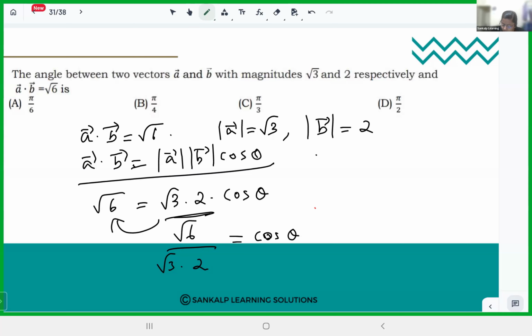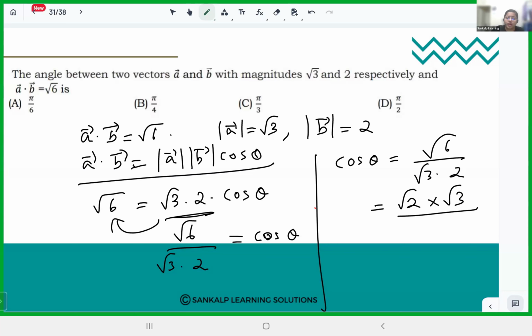For our comfortable choice, we are rearranging it like this. We have to find out theta, so in order to get theta on the right hand side, just simply rearrange it. Cos theta is equal to root 6 by root 3 into root 2. Alright. So root 6 can be written as root 2 into root 3.